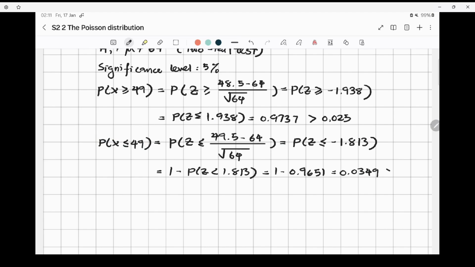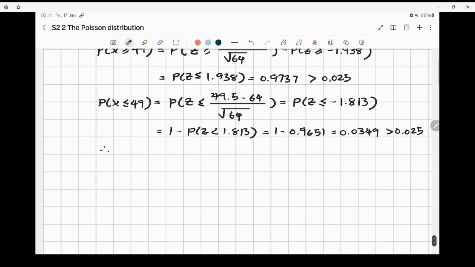So this is also greater than 0.025, so therefore you accept H0. So it means that the mean does not change.